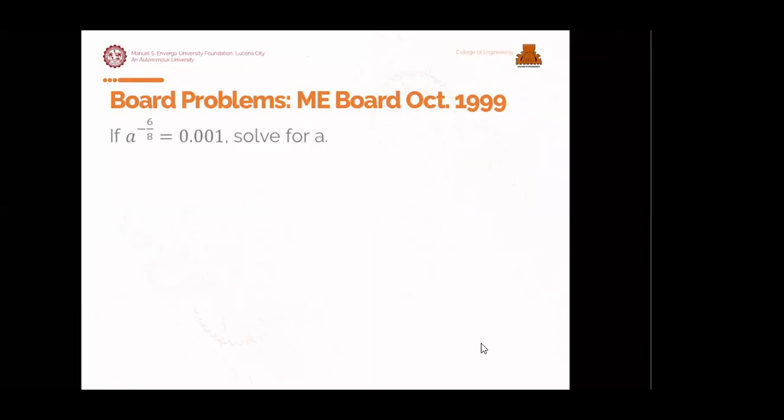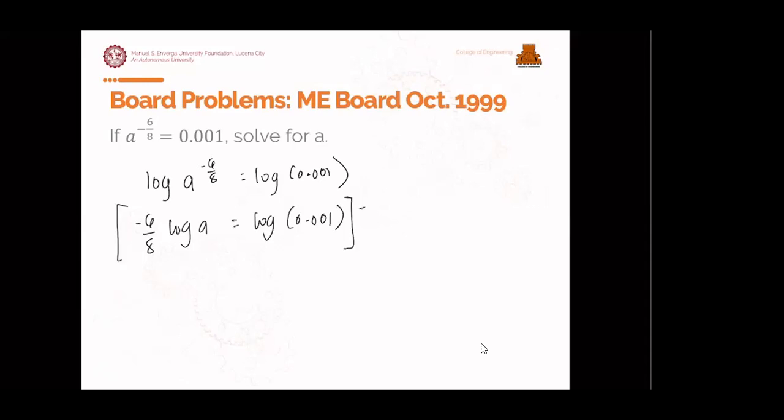What we can do is apply the logarithm. Log of a raised to negative 6 over 8 equals log of 0.001. Bringing down the exponent, negative 6 over 8 log of a equals log of 0.001. To eliminate it from the left side, multiply both sides by negative 8 over 6 so it cancels out. This gives log of a equals negative 8 over 6 log of 0.001. Sorry, the number is missing a zero.